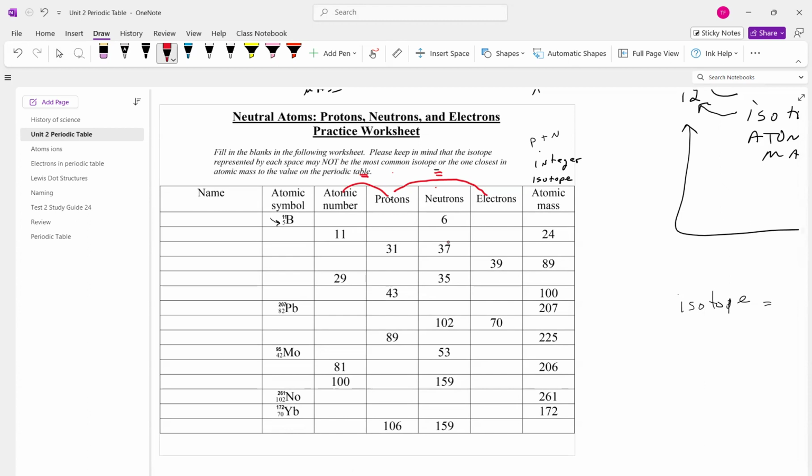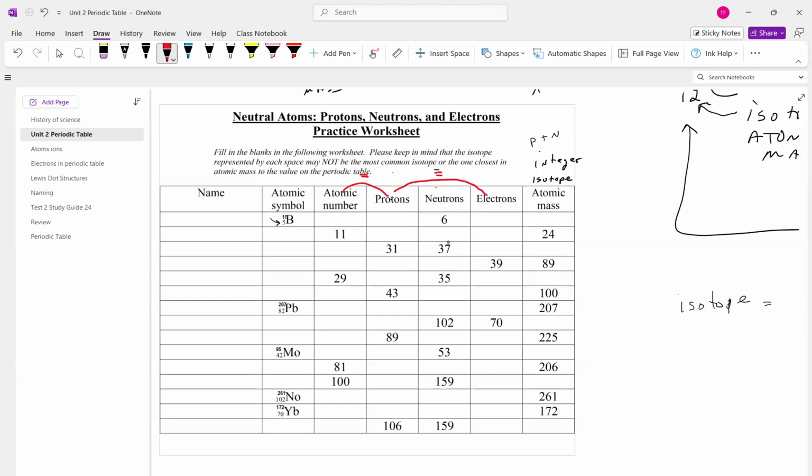Okay, first thing is, let's find B on the periodic table. Okay, B is at the top, kind of just right of center, the very top. Boron. Now, if you look on your periodic table from your lab packet, it included the name of all those symbols.